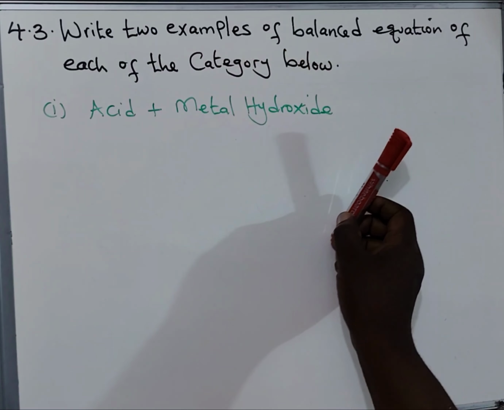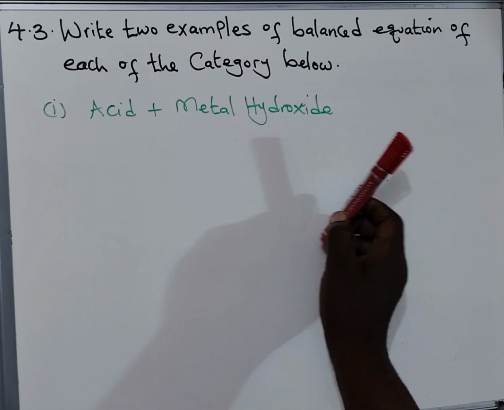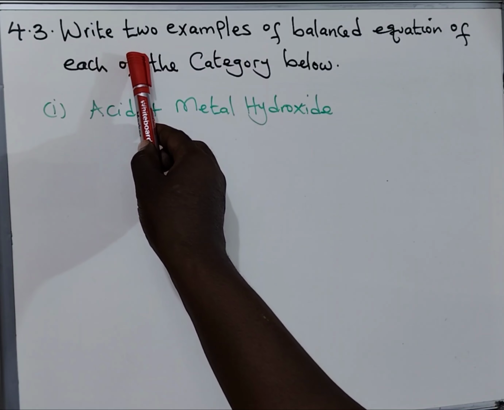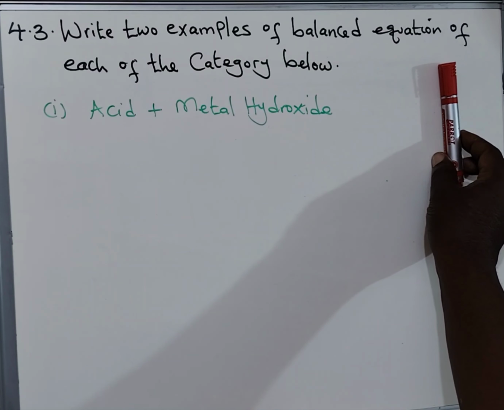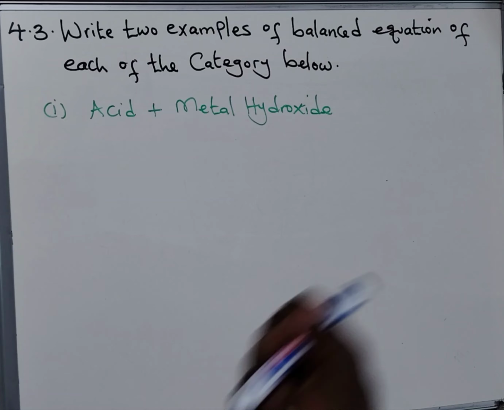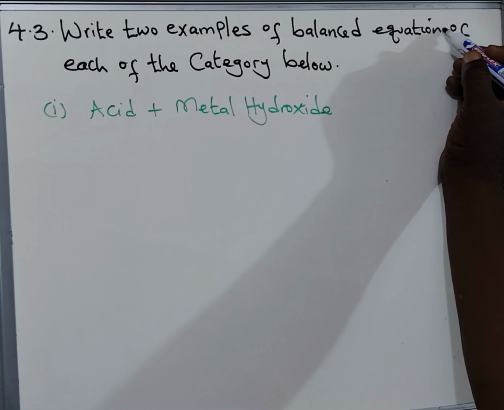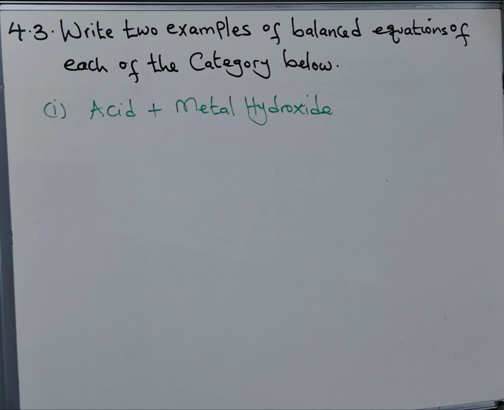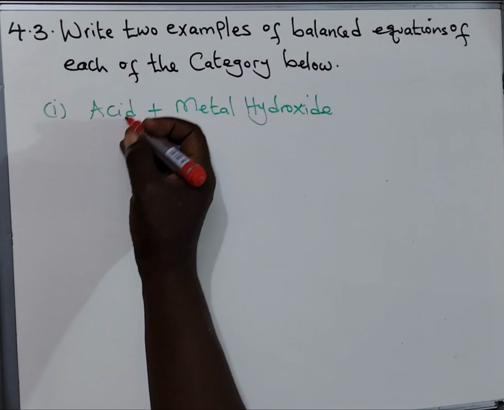Then comes this question. It says, write 2 examples of balanced equations of each of the category below. The first category is acid plus metal hydroxide. So let's look at this situation.